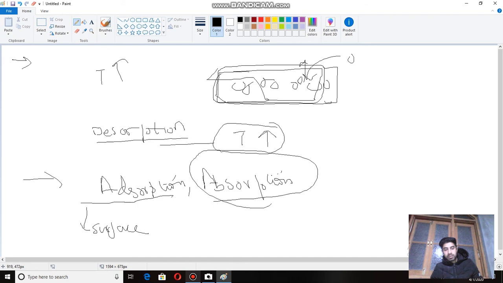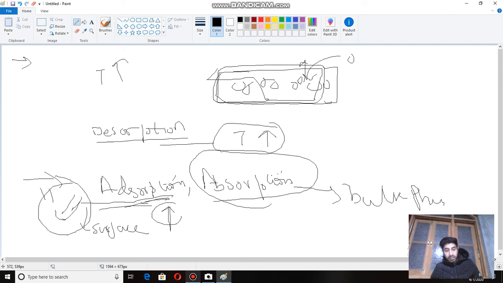This is a bulk phenomenon. In adsorption, molecules only stick to the surface and the concentration of foreign entities is higher on the surface and zero in the bulk. But in absorption, the concentration of foreign entities is the same whether it is on the surface or in the bulk of the material. It's the same everywhere. I hope it's clear.